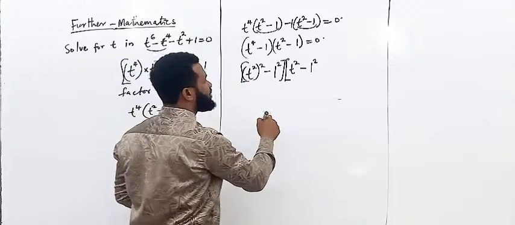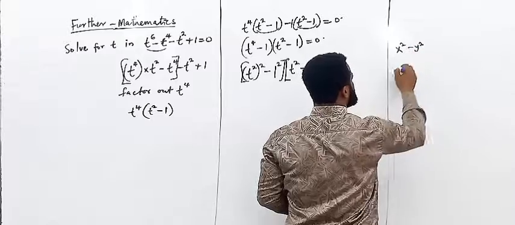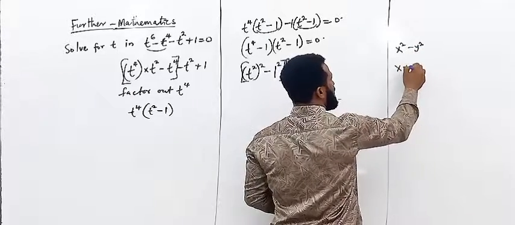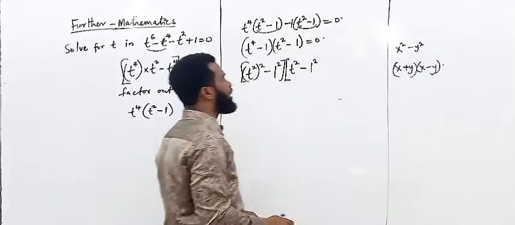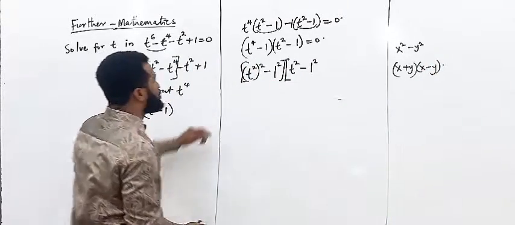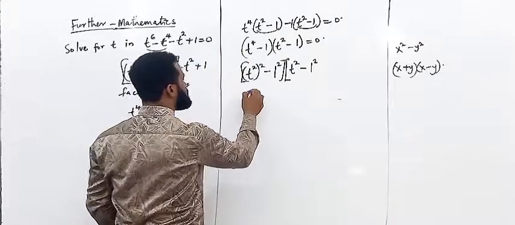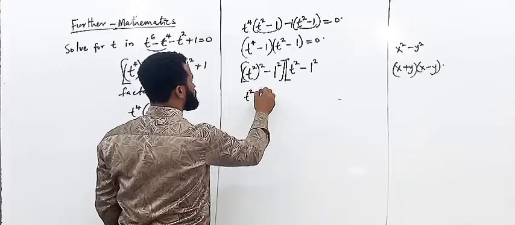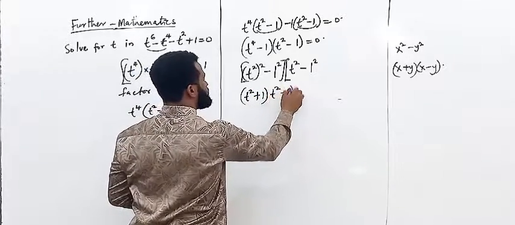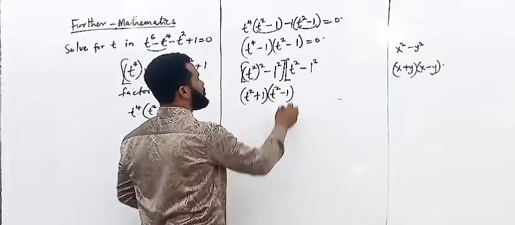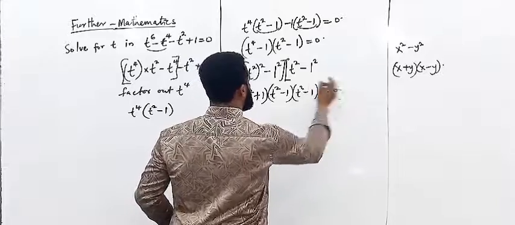Difference of 2 squares says that if you have x raised to power 2 minus y raised to power 2, that is going to be x plus y bracket x minus y. If I apply that here, I'm going to take 2 and 1. So I'm going to have t squared plus 1 bracket t squared minus 1. Then I have t squared minus 1 all equal to 0.